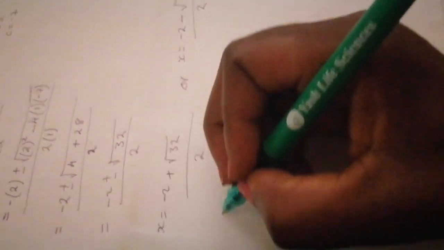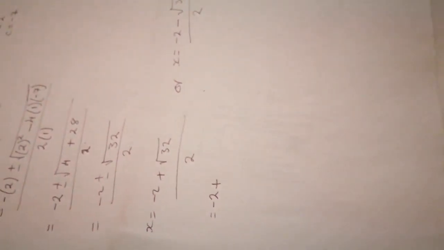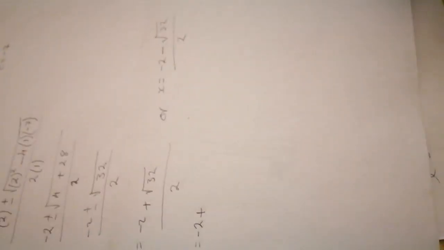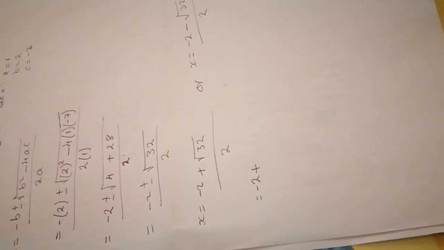So we're going to have 2 answers. Solving this one, we're going to have negative 2 plus square root of 32. This question is in paper 2, and in paper 2 graduates are allowed to use calculators.